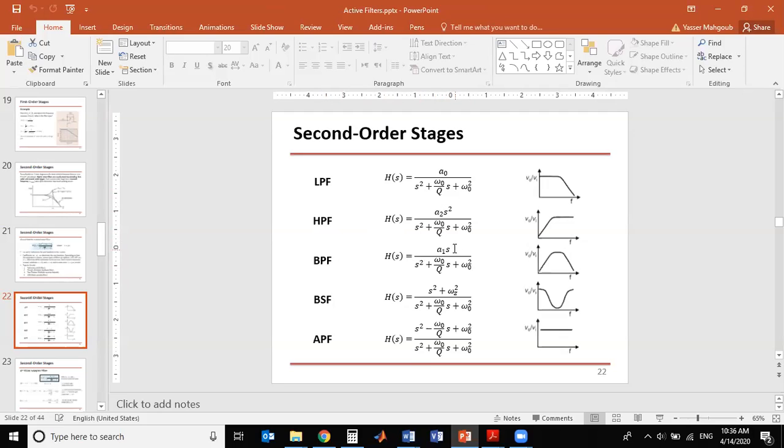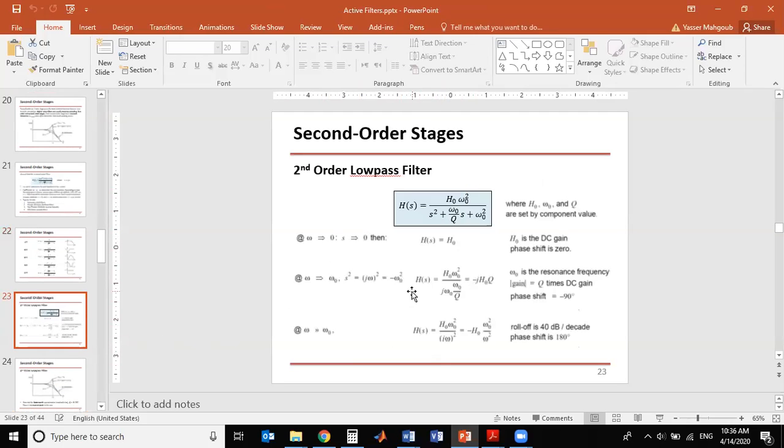If you have S only, this is a band pass filter, with a coefficient, of course. If you have S squared plus a constant, this is a band stop filter. If the numerator and denominator are almost the same except for a negative sign, this is an all pass filter, used to compensate for the phase.